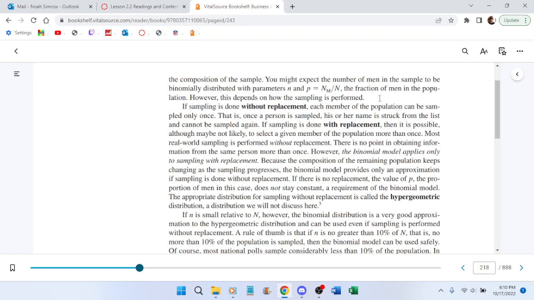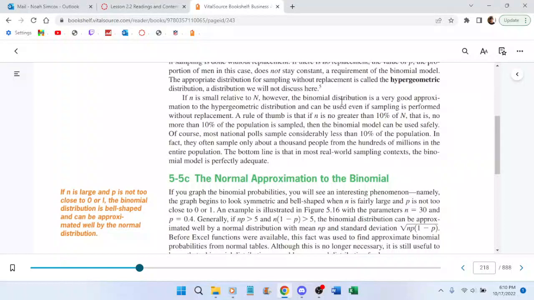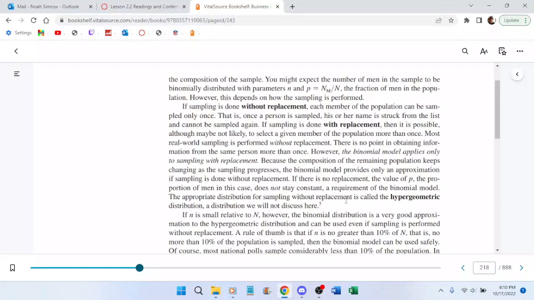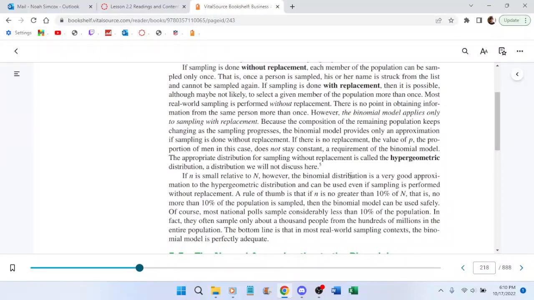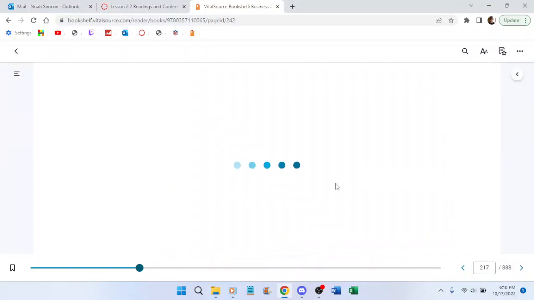The hypergeometric distribution. If n is small relative to N, wait. Oh, come on. No, I forgot which is which.